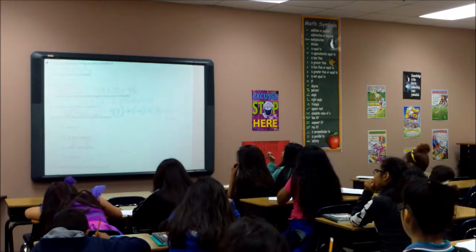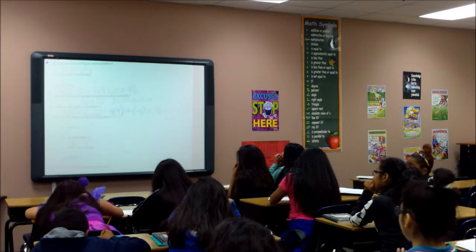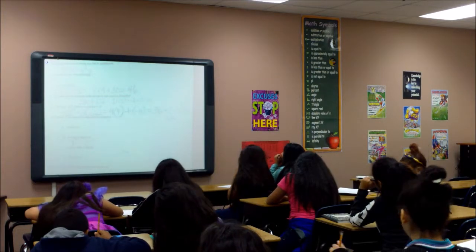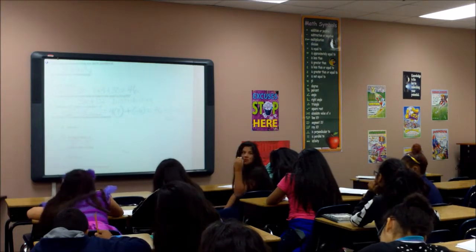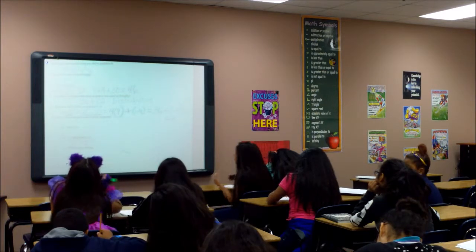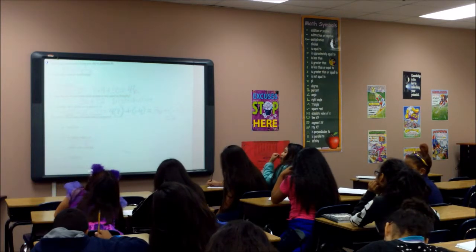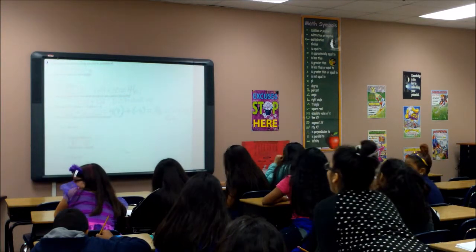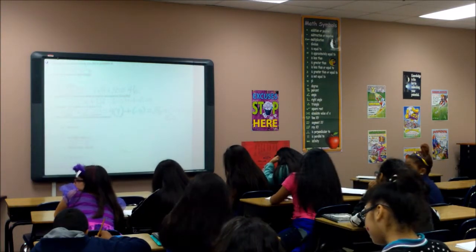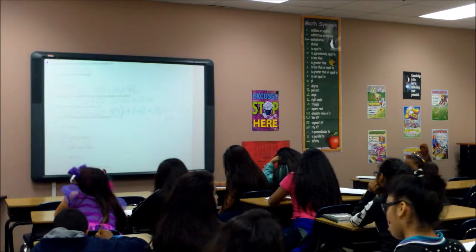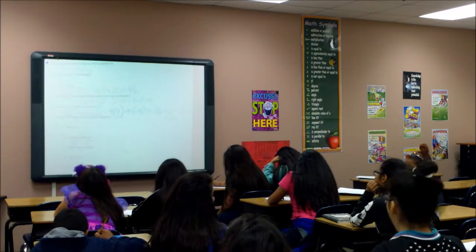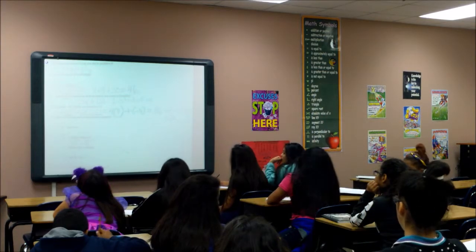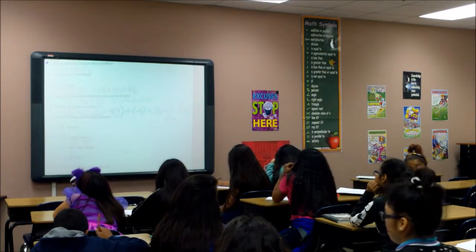Now remember the one we did yesterday? What do we have to do first here in number 9? Are there any grouping symbols, Moses? In number 9? No. What do I do first here, Veronica?